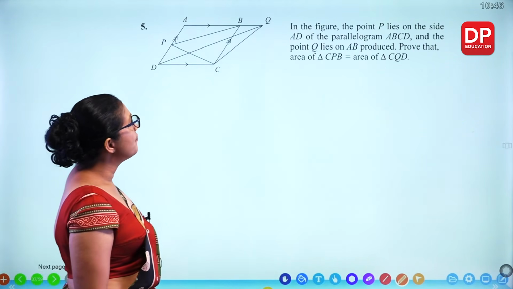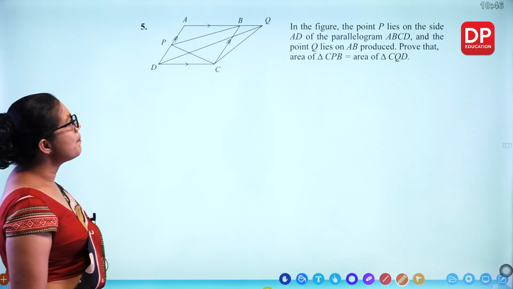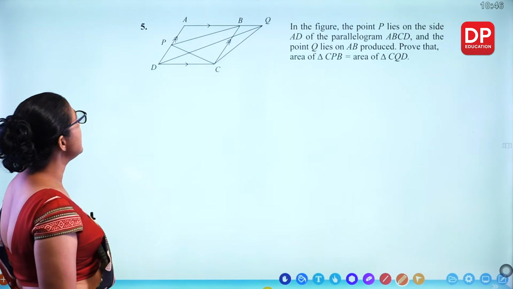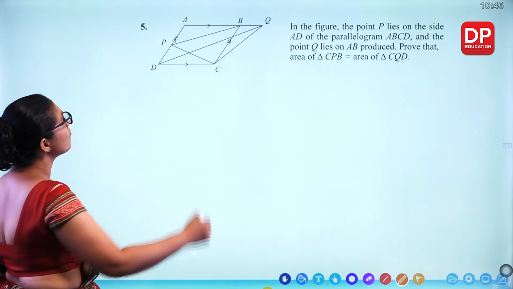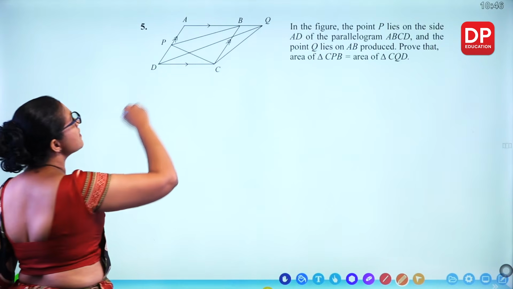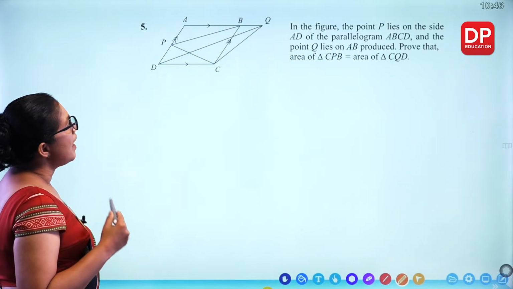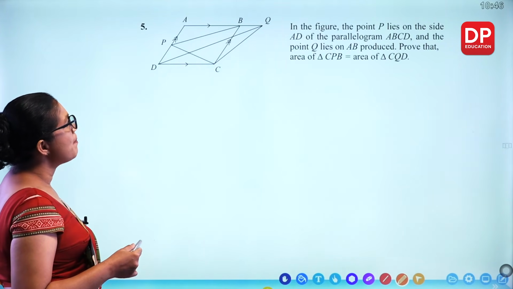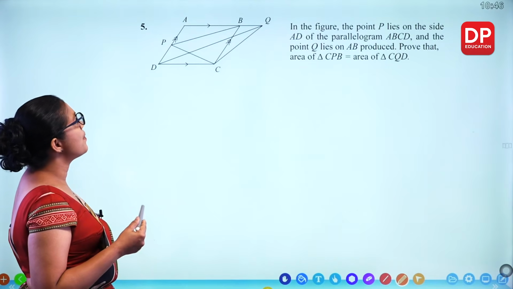Question number 5. In the figure, the point P lies on the side AD, this side, and the parallelogram APCD, and the point Q lies on AB produced.